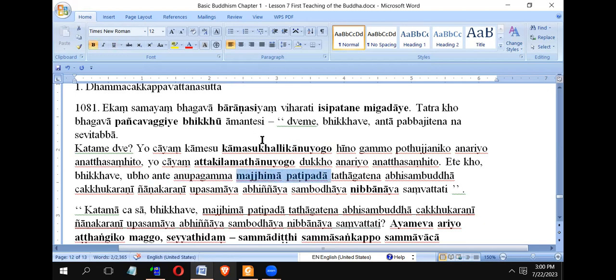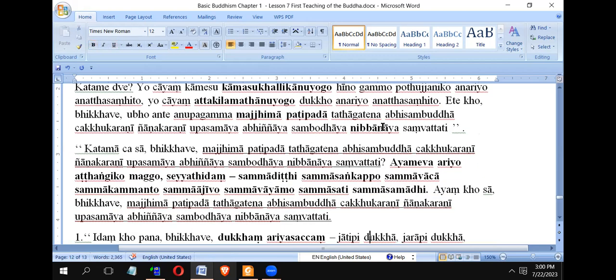Because it's a middle path that avoids the two ends. Then it leads to many factors like Chakkhunana, the eye of wisdom, and enlightenment to Nibbana. Then this Majjhima Patipada is the Noble Eightfold Path: Samma Ditthi, Samma Sankappo, Samma Vaca, Samma Kammanto, Samma Ajivo, Samma Vayamo, Samma Sati, Samma Samadhi. So this is very important.